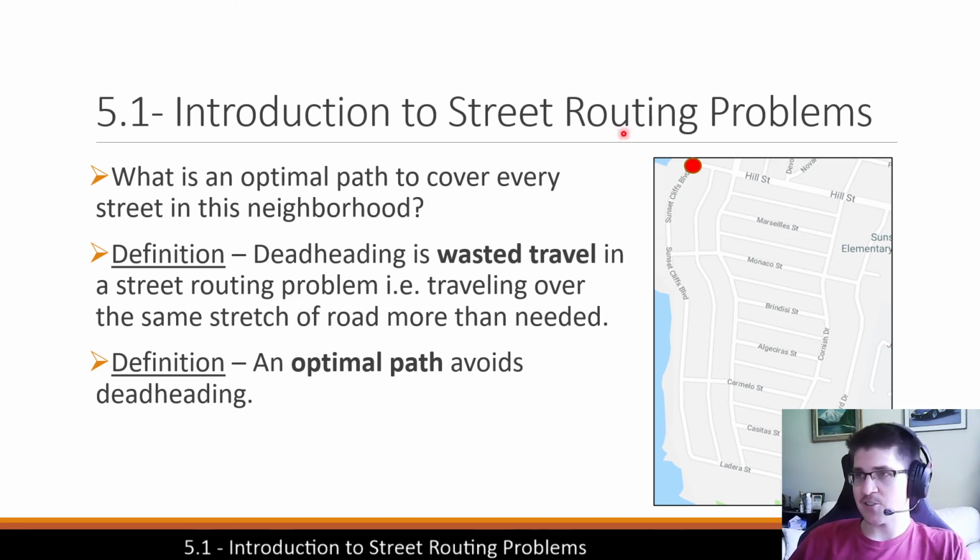Ideally, I could just hit every single street exactly once and return back to the start. But what we'll see is that that's usually not possible. So instead of trying to get zero deadheading, due to the impossibility of that typically, we're going to try to minimize it if at all possible, which we actually refer to as optimally Eulerizing the street routing problem.